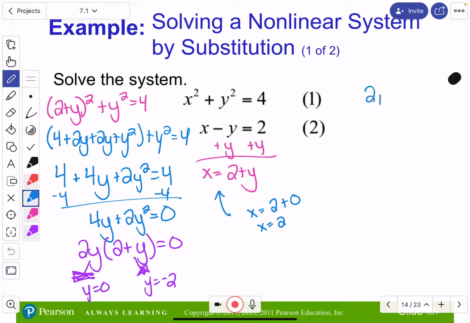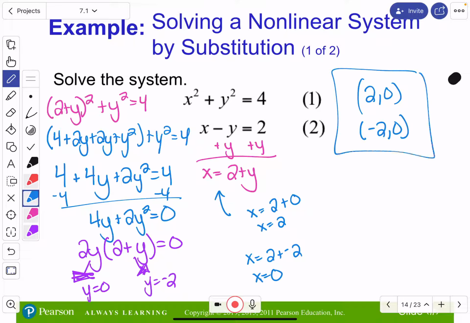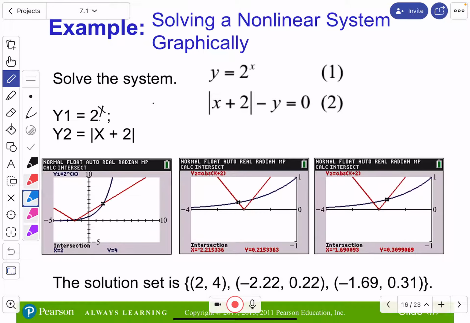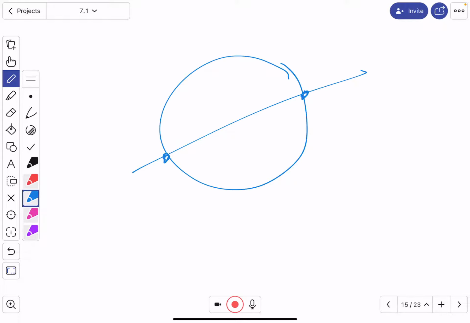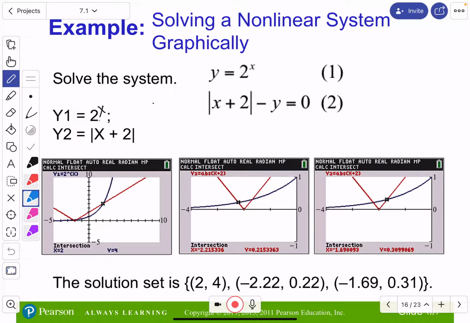So one of our points is 2, 0. And then x equals 2 plus -2, x equals 0. So the other point is going to be 0, -2. That's where they intersect. We had a circle and a line, so they intersect in 2 points. That makes sense.